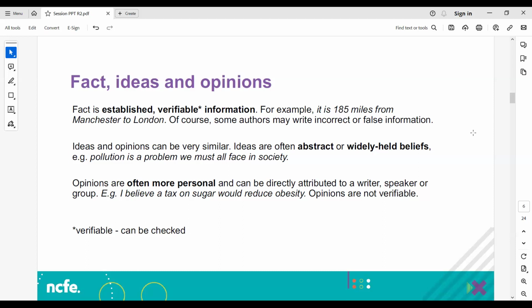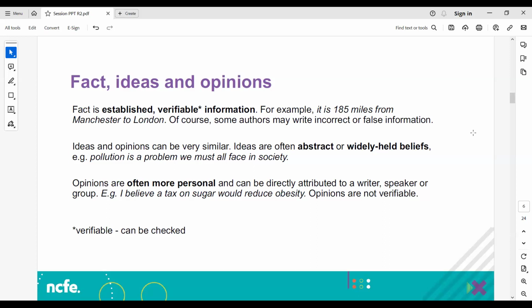So an idea or an opinion, these can be very similar. And the difference when we're talking about an idea, it's often an abstract or widely held belief. So held by a lot of people or a group of people.